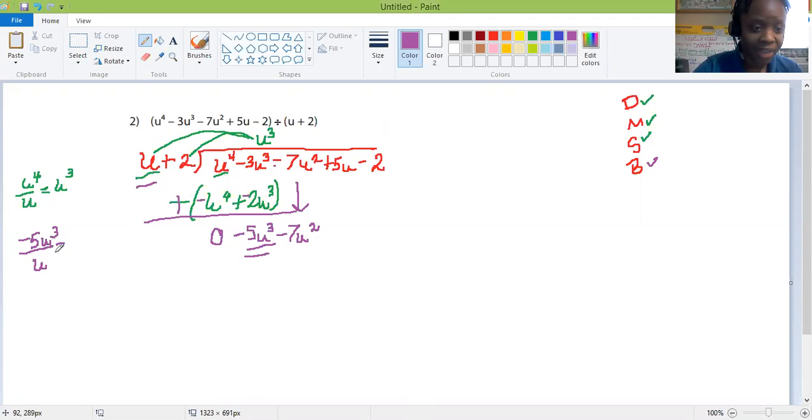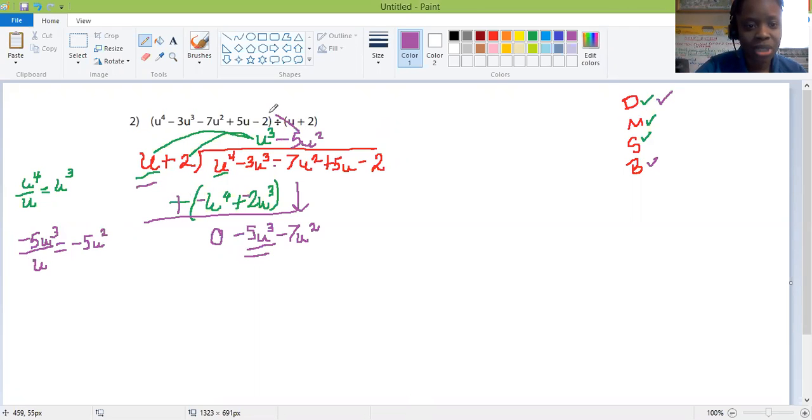Negative 5 divided by 1 is just negative 5. u to the third power divided by u is u to the second power because you subtract your exponents. So I'm going to put up here negative 5u to the second power. All right, so we divided. Check. Now we have to distribute and multiply.